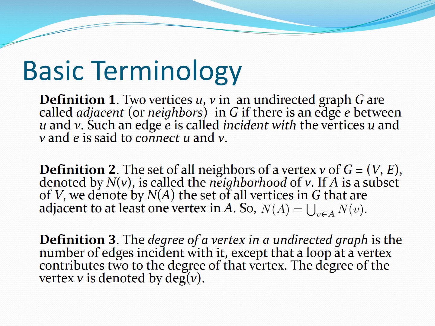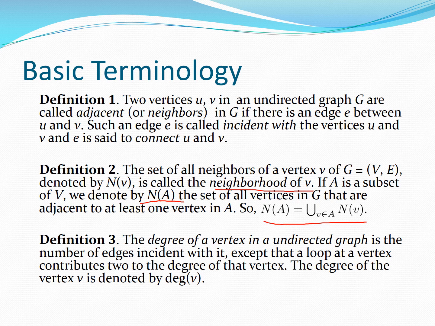So if you pick, let's say, one vertex V, the set of all the vertices that V is connected to is called the neighborhood of V. And A is basically a subset of V. We denote N(A) as the neighborhood of A. That is, all the vertices that are connected to the vertices which are in the set A. Another way of saying this is the neighborhood of the set of vertices A is nothing but a union of the neighborhoods of each of the vertices in the set A.